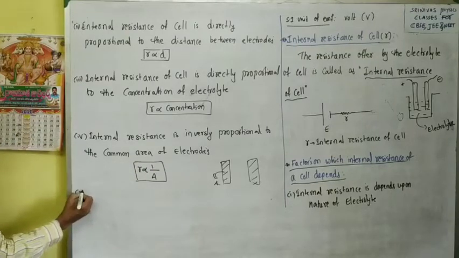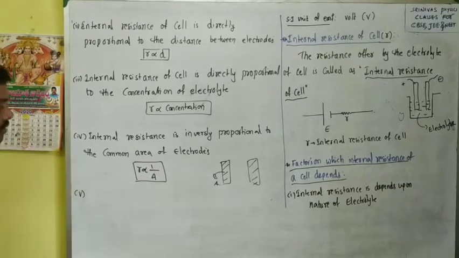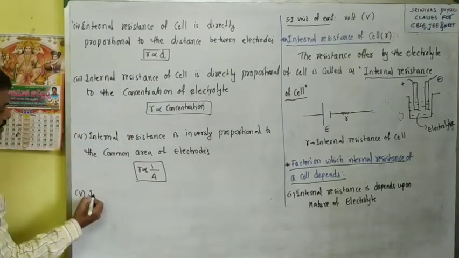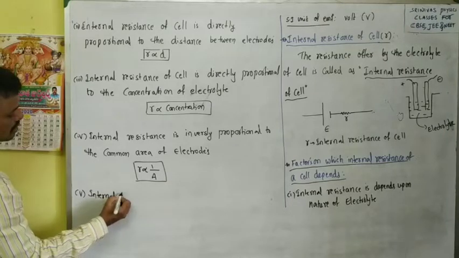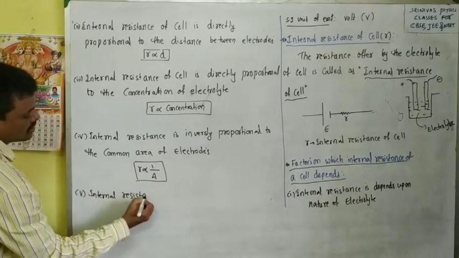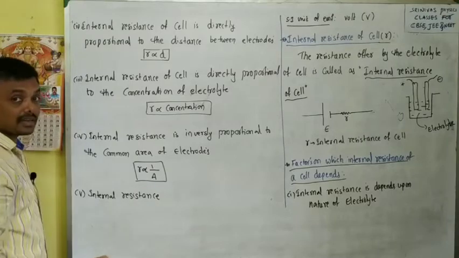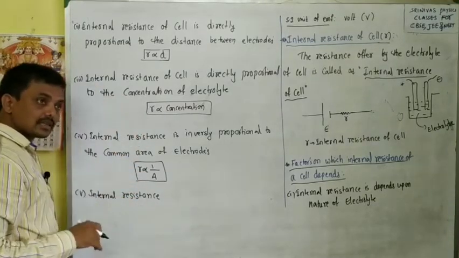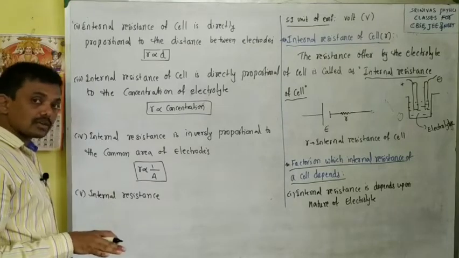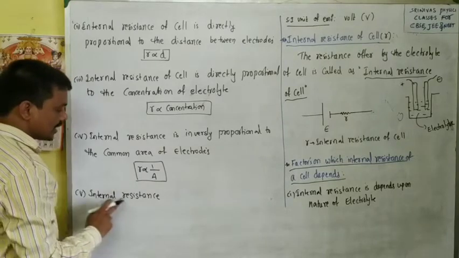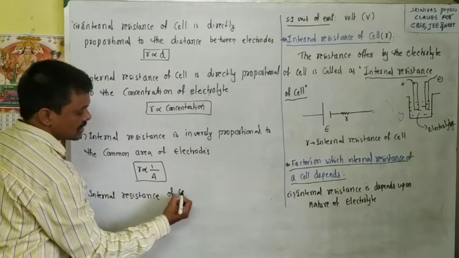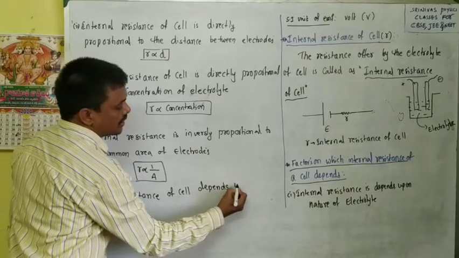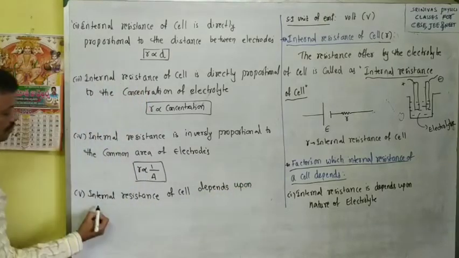The next, fifth point is that internal resistance means resistance offered by the cell. Cell resistance is the internal resistance of the cell. Inside the cell some resistance is there; the cell also opposes the flow of current, right? That is internal resistance. The internal resistance of the cell depends upon temperature also.